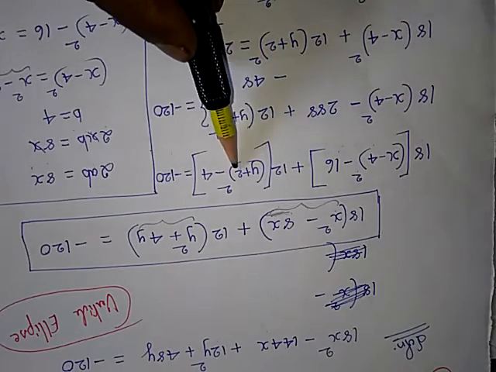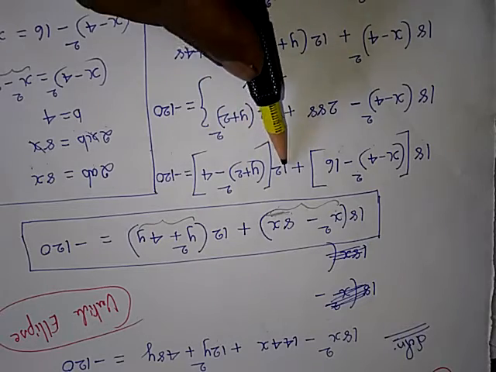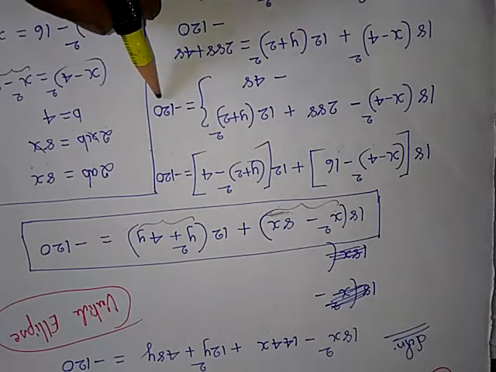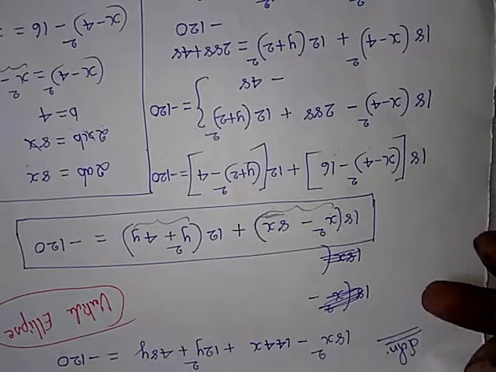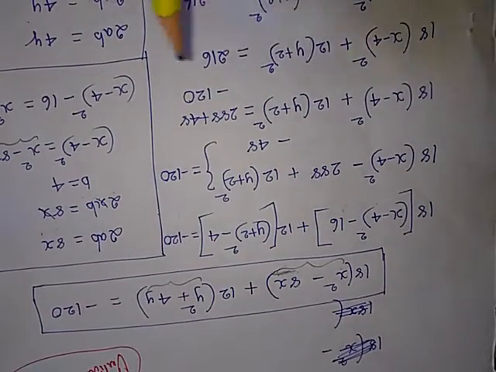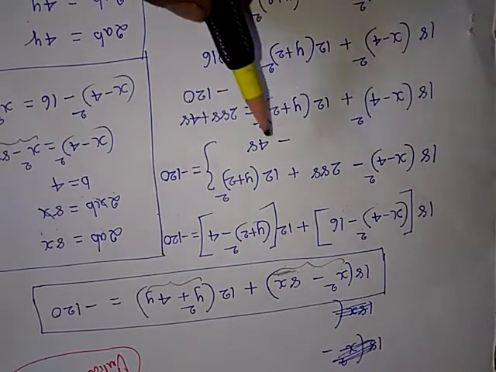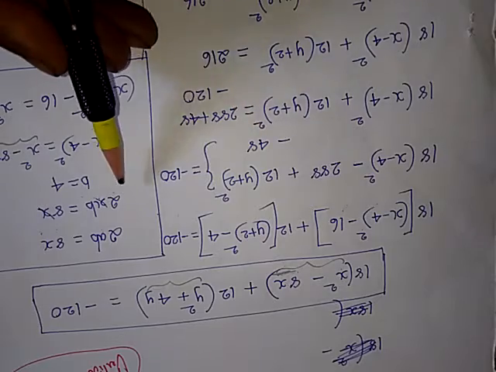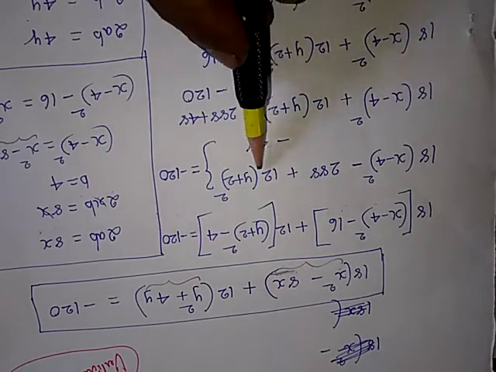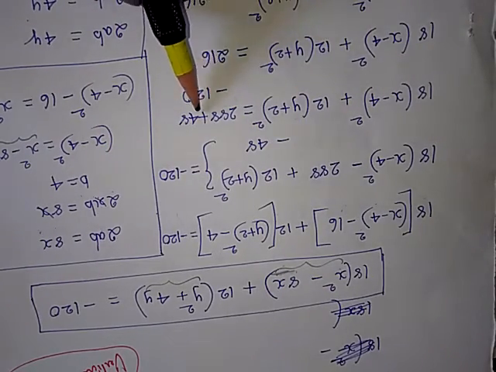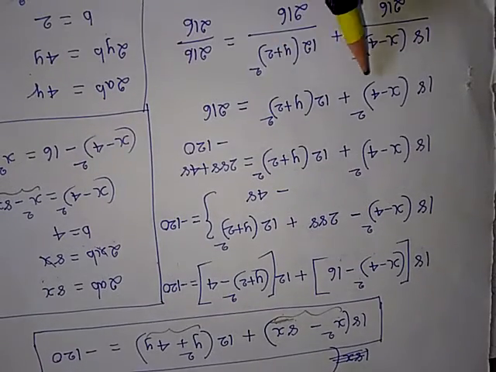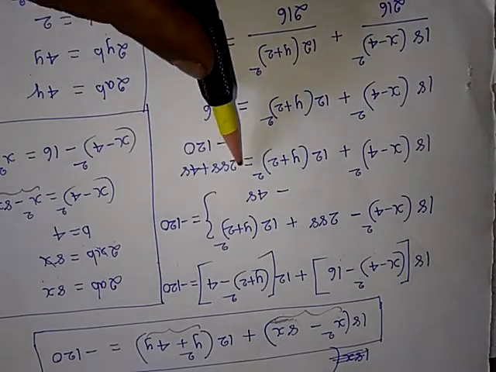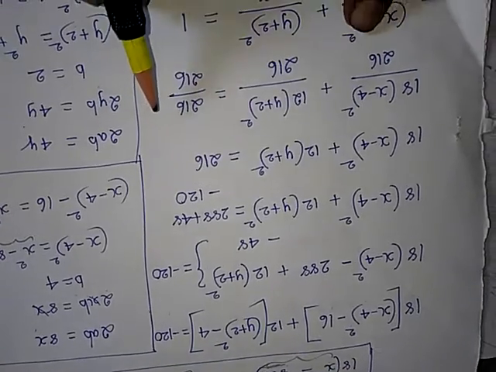Then 12 into y plus 2 the whole square, then 12 into minus 4 is minus 48, equal to minus 120. Then minus 288 minus 48 you bring to the other side. So remaining terms will be 288 plus 48 minus 120. If you add all three you will get 216.